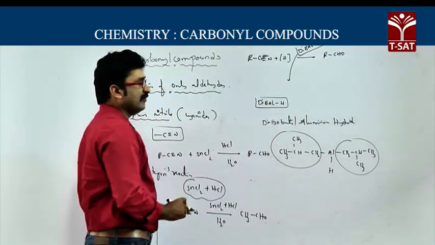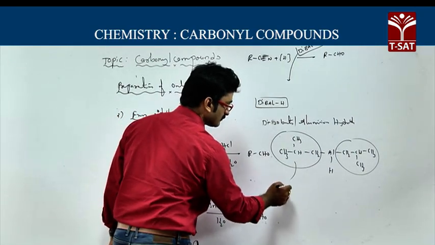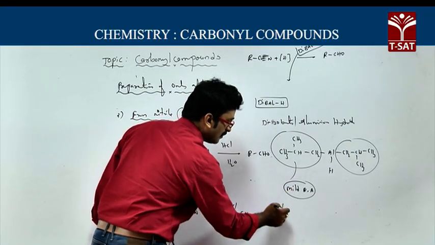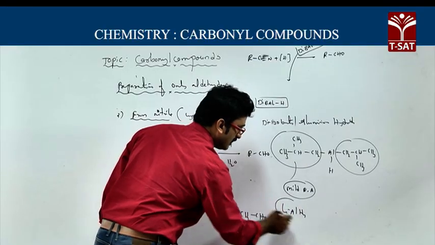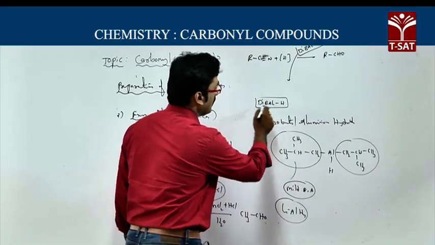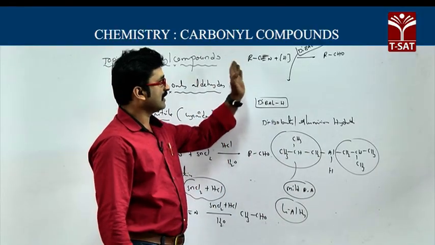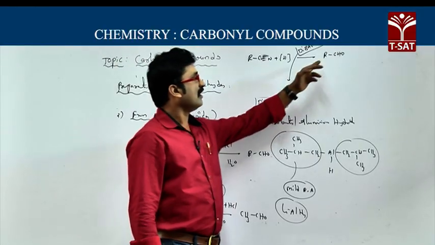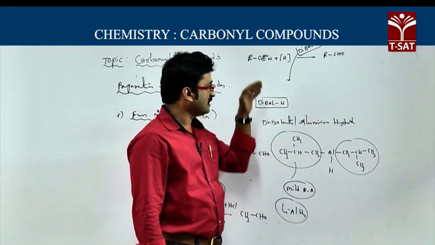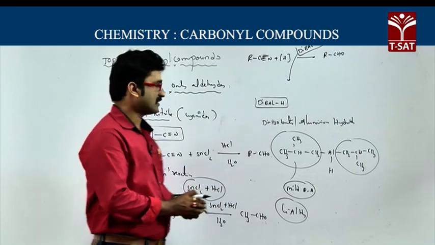Di-isobutyl aluminum hydride is called DIBAL-H. It is a mild reducing agent, whereas lithium aluminum hydride is a strong reducing agent. That mild reducing agent, DIBAL-H, can be used for the conversion of cyanides into aldehydes. So we can use this reducing agent for the preparation of aldehydes from nitriles or cyanides.